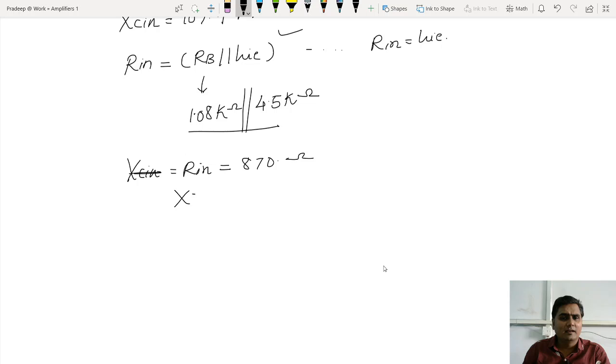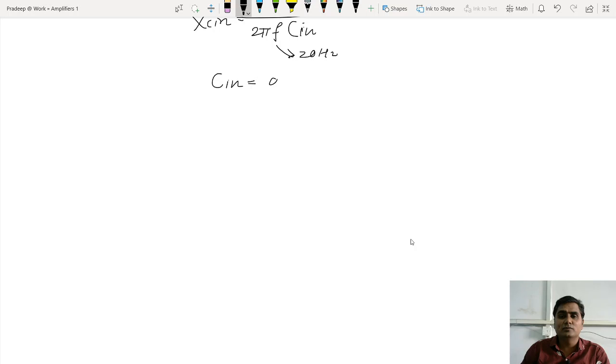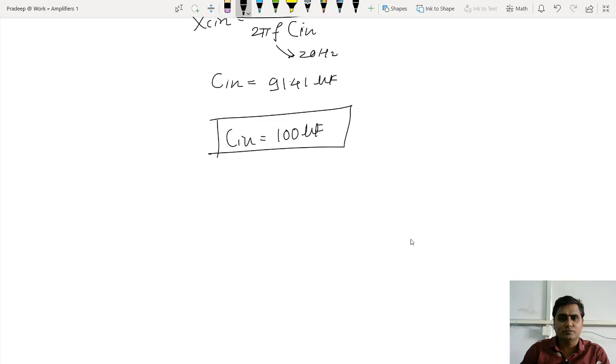Then calculate C in, and the value of C in that you calculate after all this process is around 91.1. It is 100 microfarad. Go with 100 microfarad.